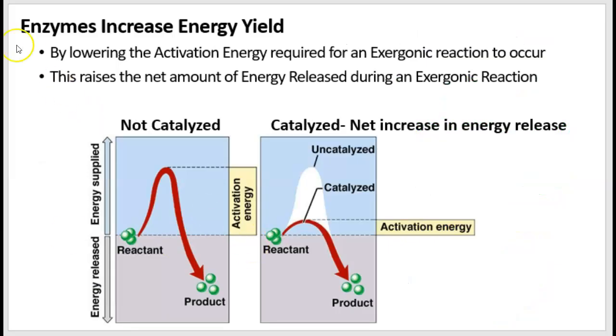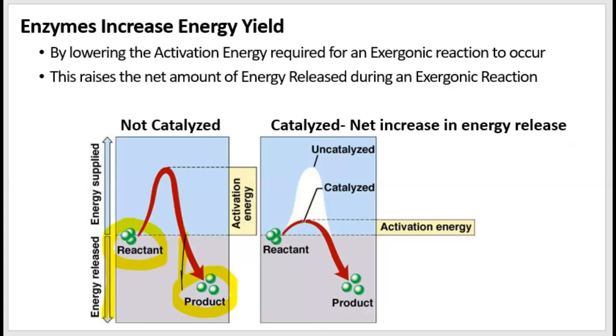Now let's talk about that energy requirement business that I referred to before. This graph shows you a catabolic reaction. You have a reactant that gets broken down into smaller subunits. The process of that happening releases energy, and the amount of energy that is released is about this much from here to here.